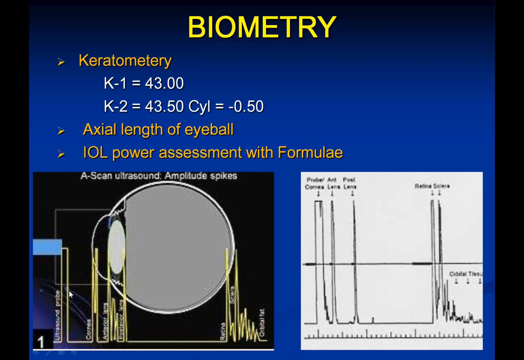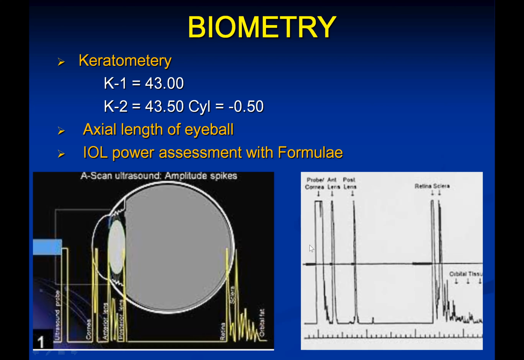This is ultrasound A scan, here you are seeing these various echoes. This is A scan and this is B scan of the same patient. So these are various echoes, and with the help of these echoes, we measure the length from the anterior surface of the cornea here to the posterior surface of the sclera here. Here are the various echoes.